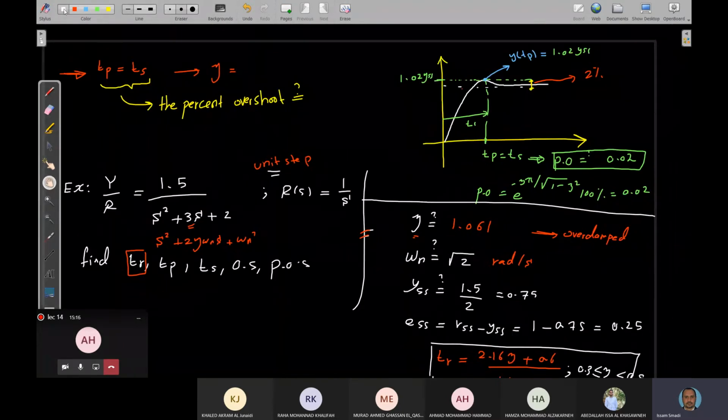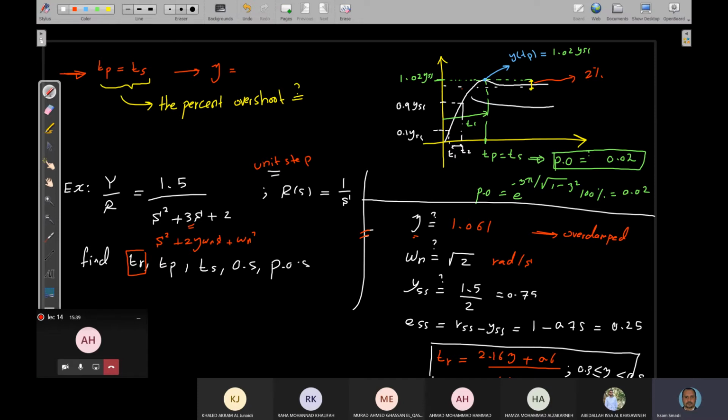So simply here, I need to find the response, and I need to find 2 points. One is T1 and the other one is T2, and simply TR is T2 minus T1. And this one will be 0.1 y steady state, and this one will be 0.9 y steady state. So what I need in the first stage is to find y of t.